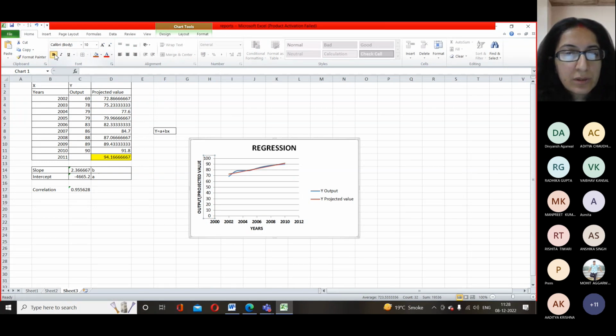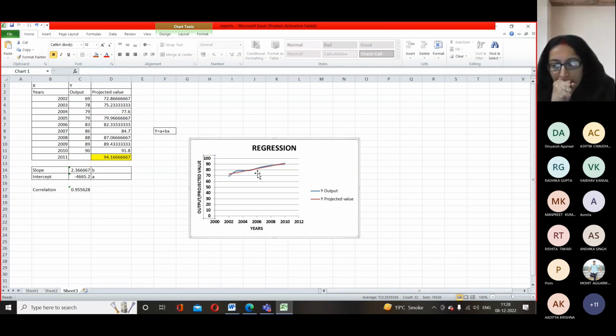This also we can bold. That's it. Now see, this should be your final output. Do this and send me the final picture. इसको भी बोल्ड कर सकते हैं. ठीक है, मैंने बोल्ड कर दिया.